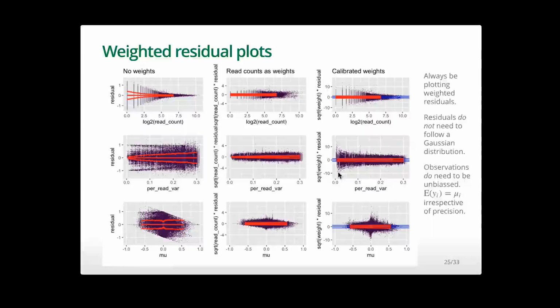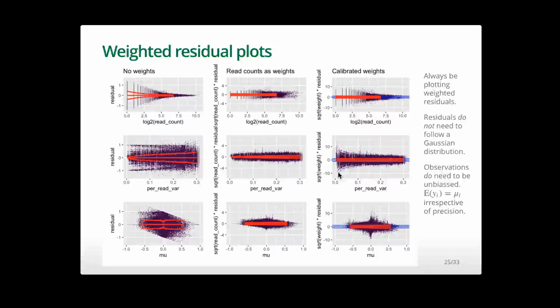One thing we do need, and that's why I was very careful picking this particular way of quantifying APA, is that these observations need to be unbiased. In particular, we don't want a low precision observation to be a bit biased and then a high precision one to be unbiased.